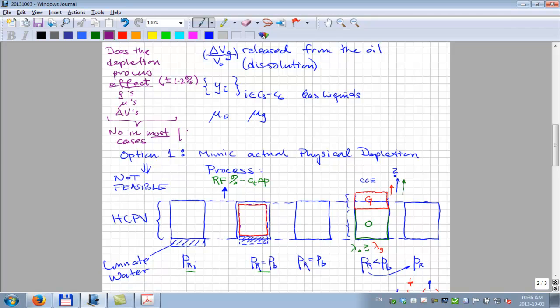And I'll say some, for oils with GOR greater than about 400-ish.